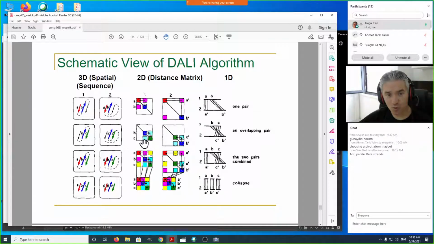That part is the turquoise submatrix, shows the relationship between B and C and B prime C prime. But in reality, as you can see, since these are both anti-parallel beta strands and the distances between them are all black, probably this will also be like pinkish color if we represent the content of that hexapeptide submatrix with some color coding. This should also be like pink, right?